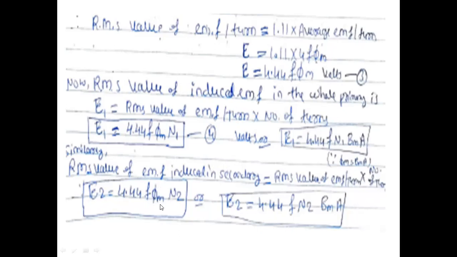So here φm is the maximum flux, so φm equals BmA, where Bm is the maximum flux density and A is the area. So this is the formula for the EMF induced in the primary of a single phase transformer.